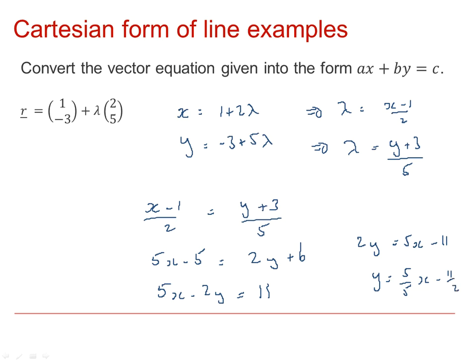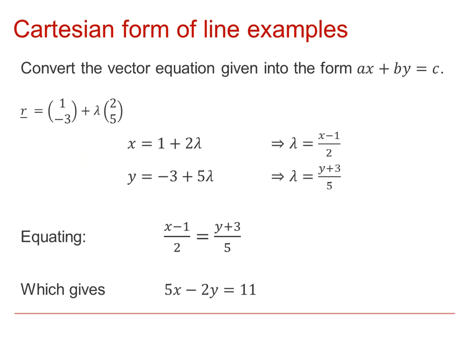And the 5 over 2 is the gradient of the line that we'd get by using the idea that the gradient of our line m is equal to d2 divided by d1, so the y value divided by the x value, and that would be equal to 5 over 2. And there's the same thing just written out neatly so that you can work through it yourselves.